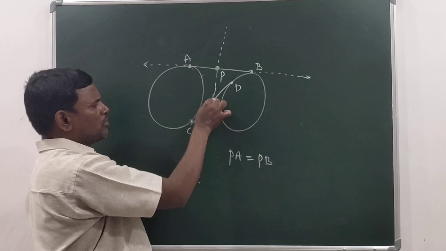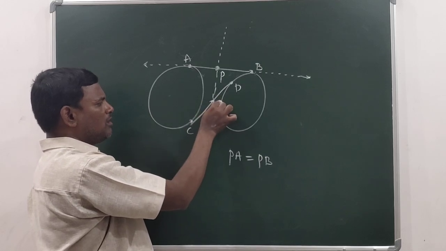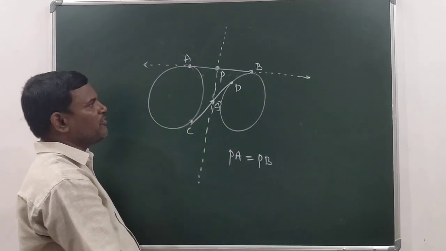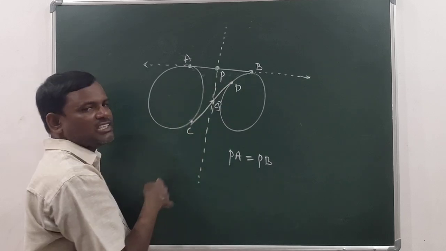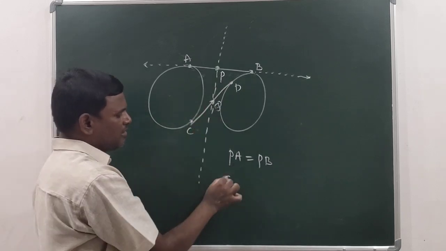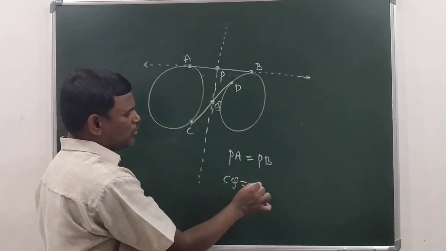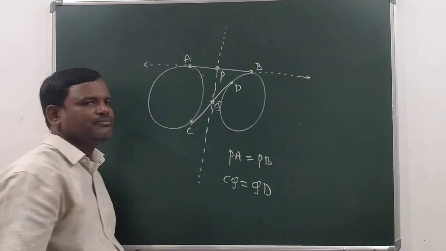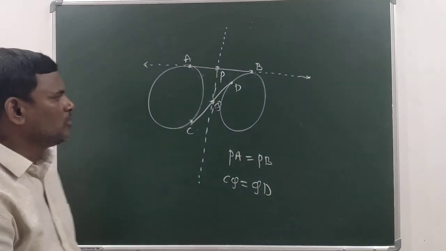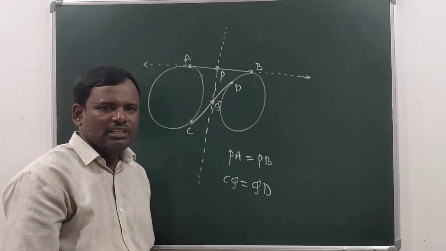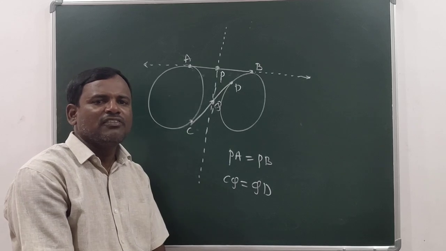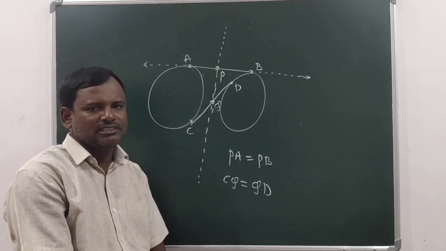Connect these two. Q is the point of intersection of the radical axis and this transverse common tangent. You can write CQ is equal to QD also. Okay, students, these are the properties of the radical axis.